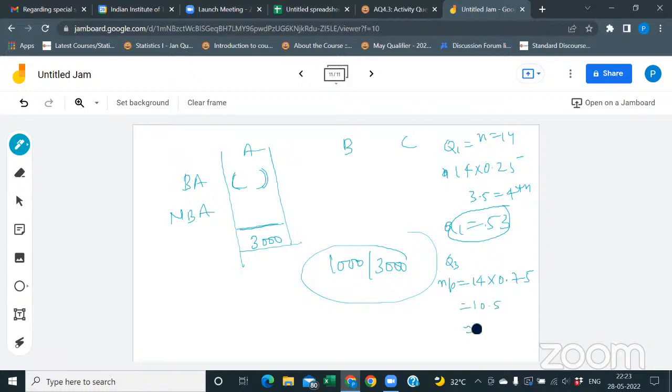So you have to take the next observation, the 11th observation. Counting 1, 2, 3, up to 11, your 11th observation is 75. So your IQR will be Q3 minus Q1. That means 75 minus 53, which is 22.